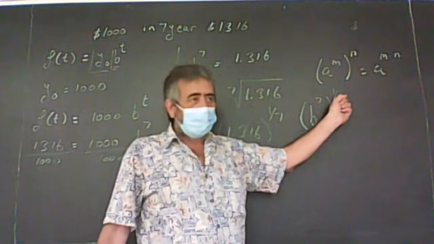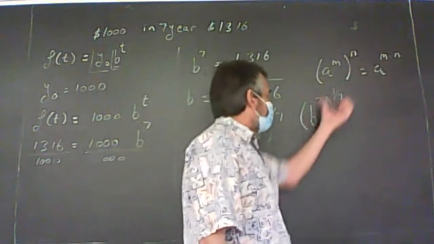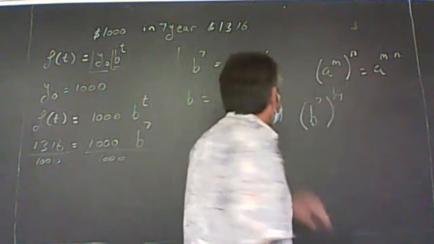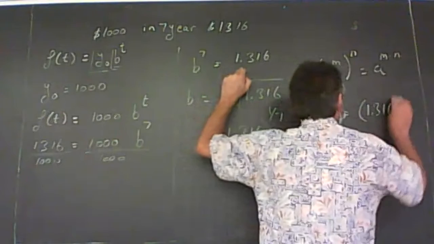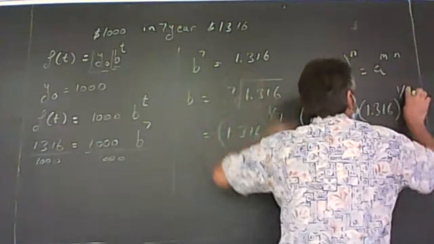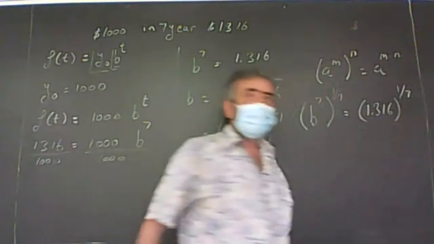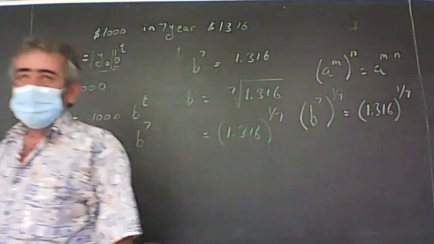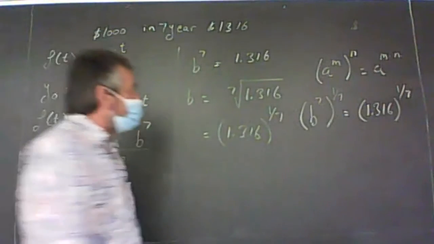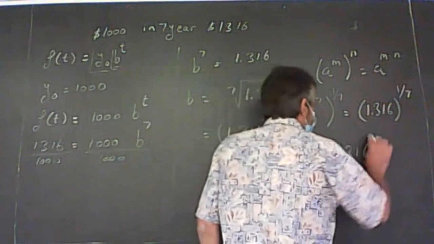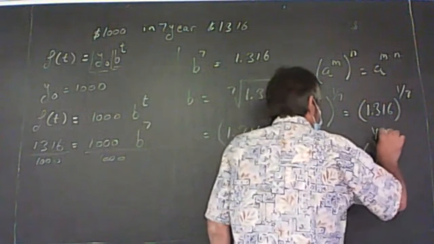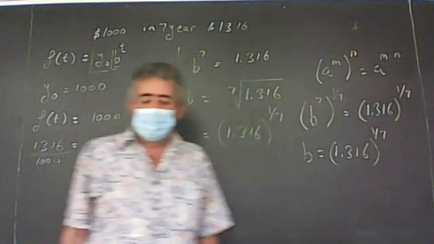When I multiply these two, I get simply 1. Because I raise this side to 1 over 7, I can raise 1.316 to 1 over 7 as well. So now we can say b equals 1.316 raised to the power 1 over 7.